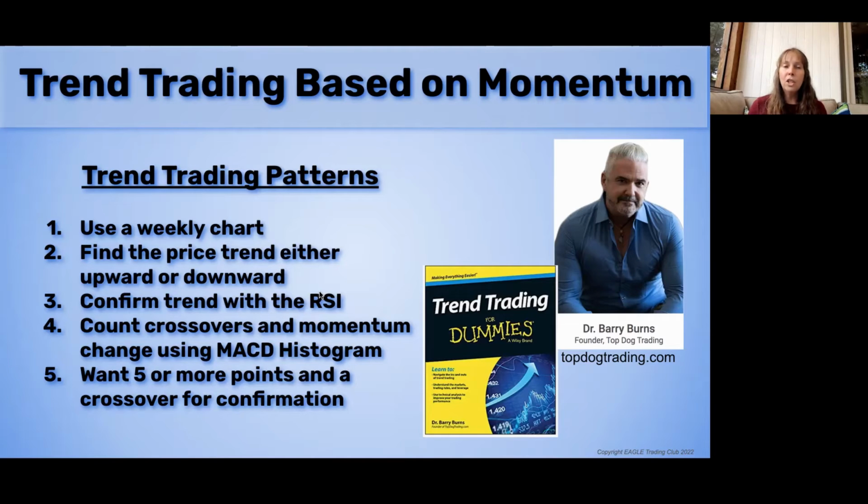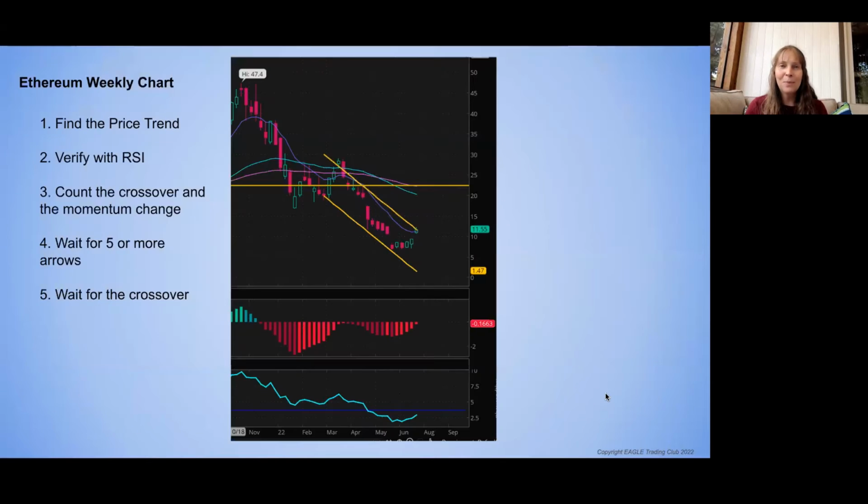His strategy is that you want 5 or more points of momentum change. And after those 5 or more points, once you get this crossover, that should signify that a trend change is happening. I know that sounds confusing, but I do have some examples.